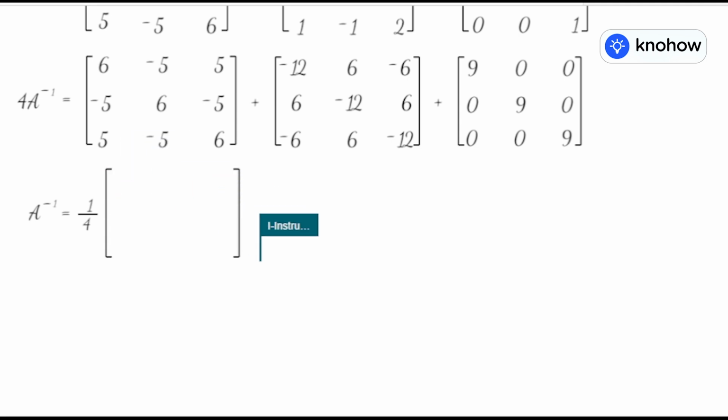So that step I leave for you to try, that you add all the 3 elements respectively first, and finally you will get 3, 1, negative 1, 1, 3, 1, minus 1, 1, 3. So this is the value of A inverse as 1 by 4 times 3, 1, negative 1, 1, 3, 1, negative 1, 1, 3, which is the required result.